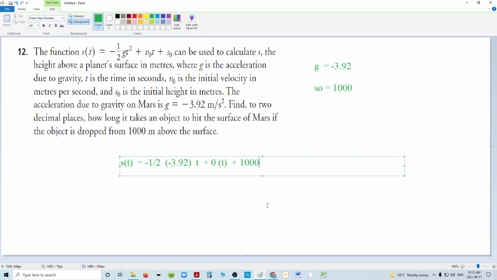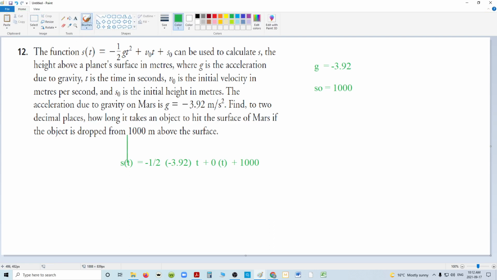And they want to know when it hits the surface of the moon. In this case, this is the height over here, and it's based on the time. So they want to know when that height is 0. I hope I got it right. I'm pretty sure you put in 0 here because it's dropped. Let's see if that's true.